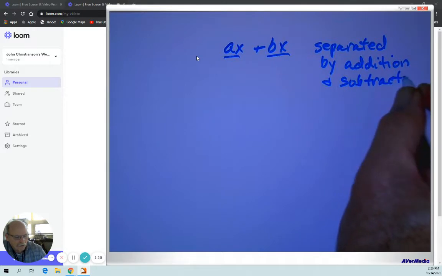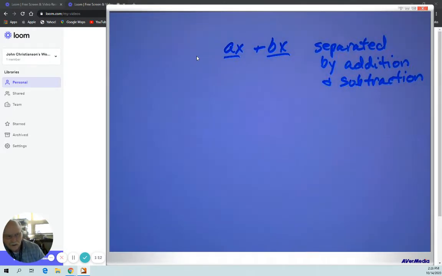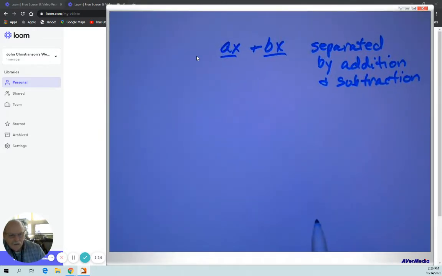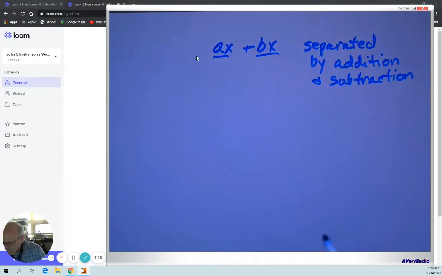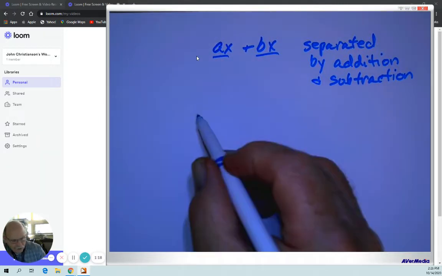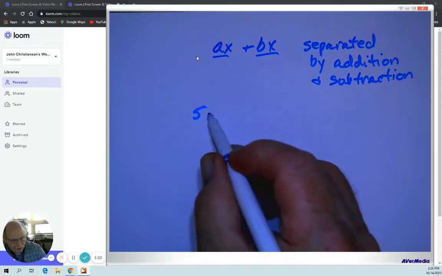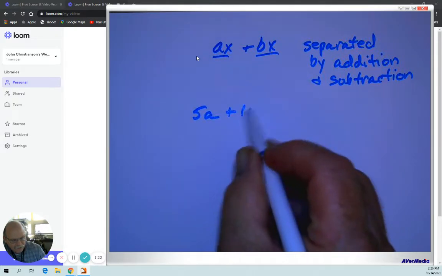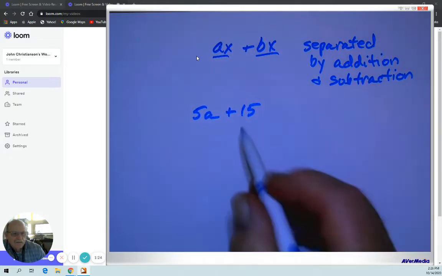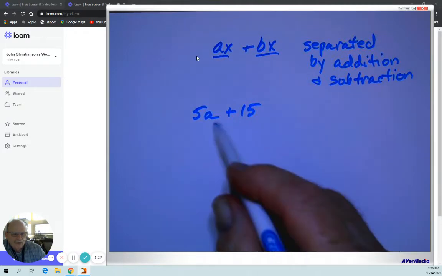All right, so that's an important distinction to keep in mind. So let's just think about, as a basic thing, we had 5a plus 15, and I said factor the GCF out.